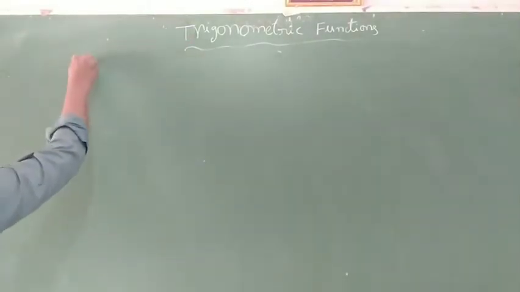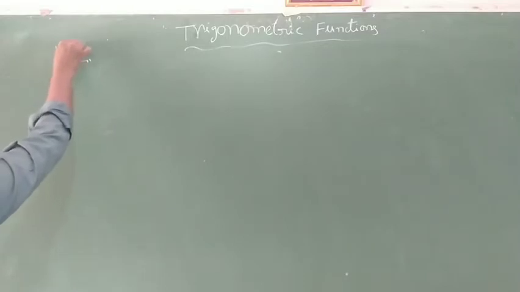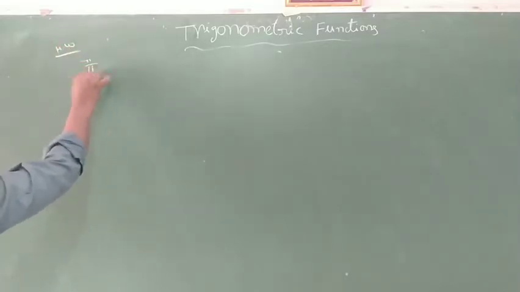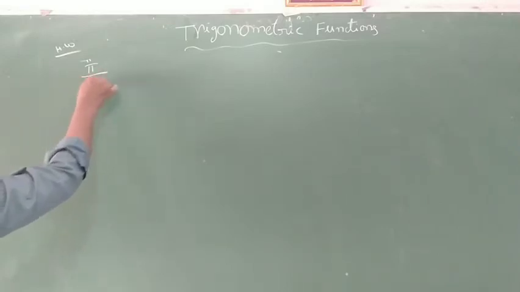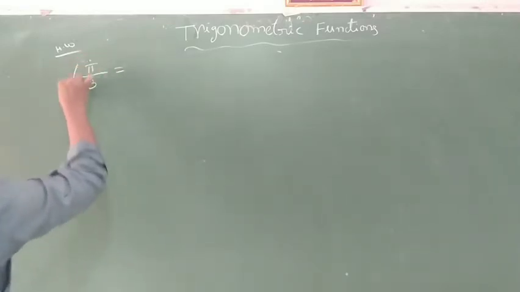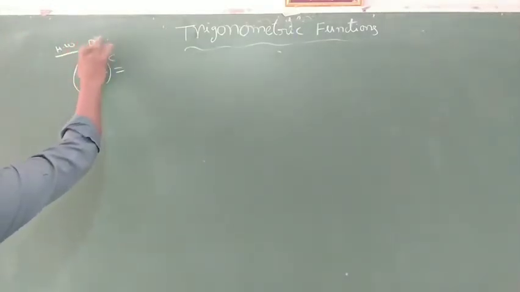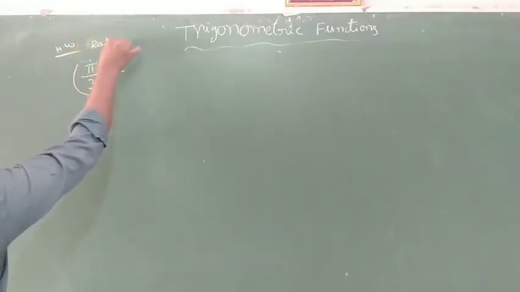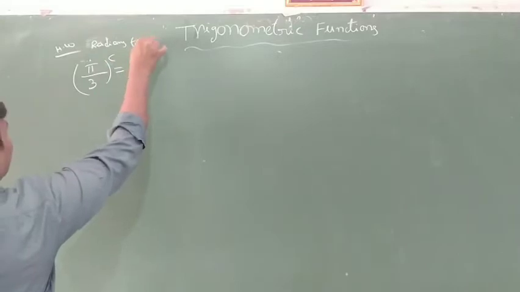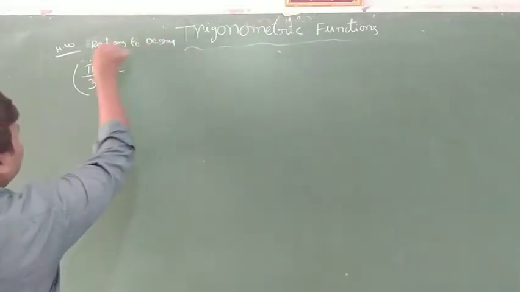Homework. Pi by 3 radians is equal to how many degrees? Convert radians to degrees.